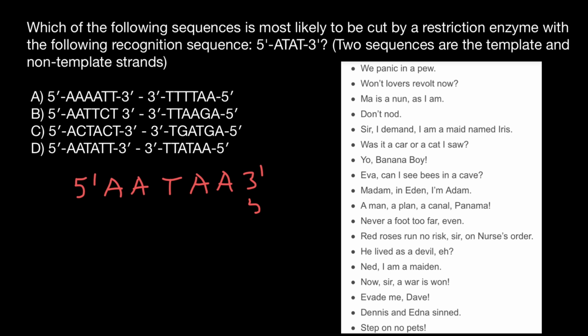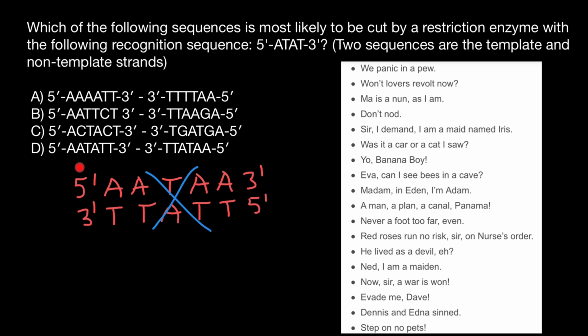This time the 5' end is here, adenine base pairs with thymine, so thymine here, thymine, adenine, and 3' end here. As you see, the top strand is not the same as the bottom strand, because the sequence on top is 5' end AAT, and on the bottom, complementary strand, the sequence is 5' end TTA, 3' end. So this is not an example of a palindromic sequence.